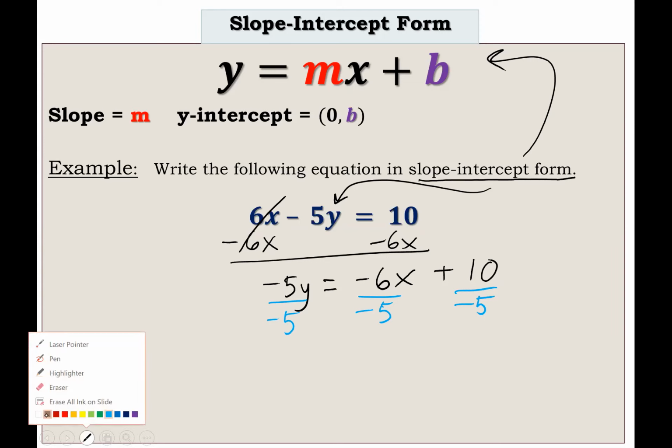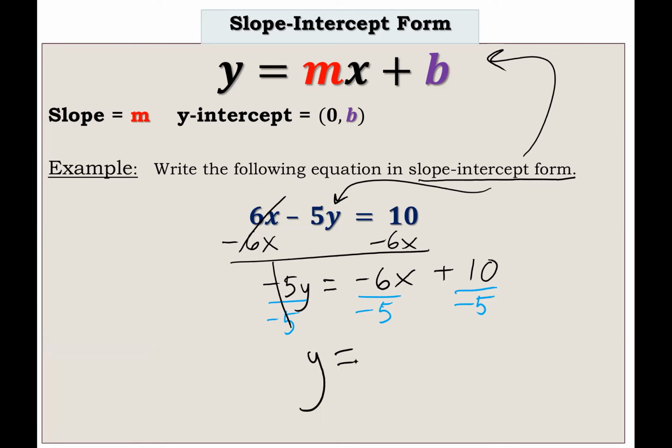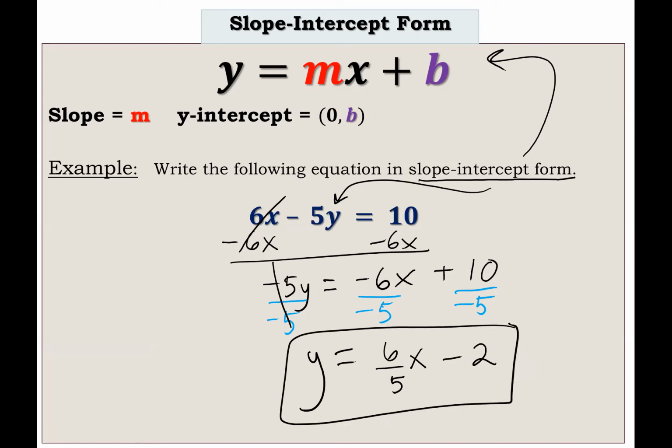Okay, so the negative 5's cancel out, y equals negative 6 over negative 5. That just reduces to positive 6 over 5. So I'm writing positive 6 over 5x, and then 10 divided by negative 5 is negative 2. So I'm writing minus 2. You could also write plus negative 2 if you want.